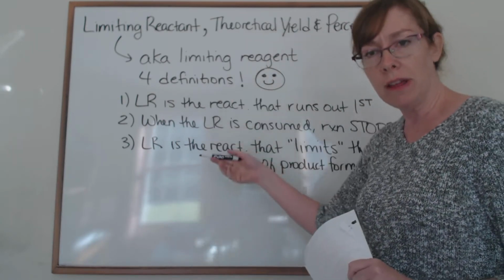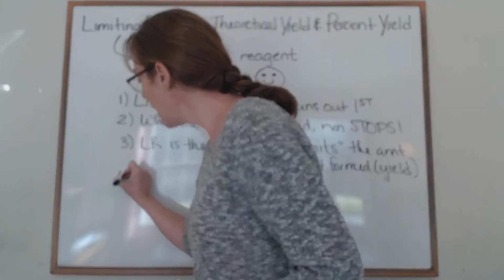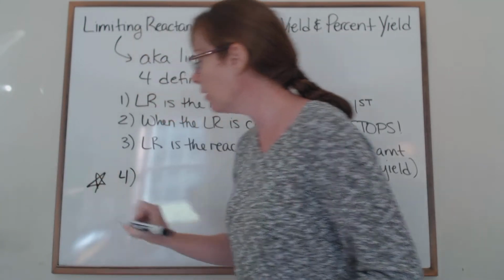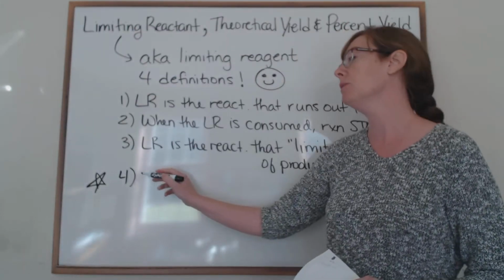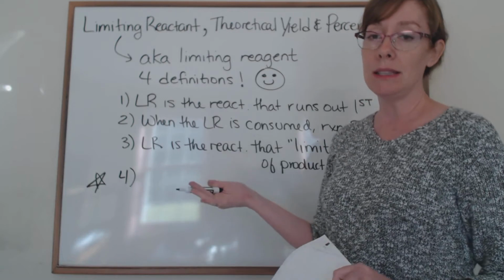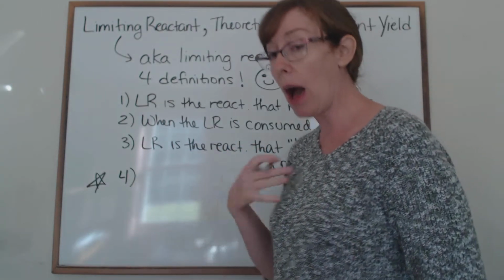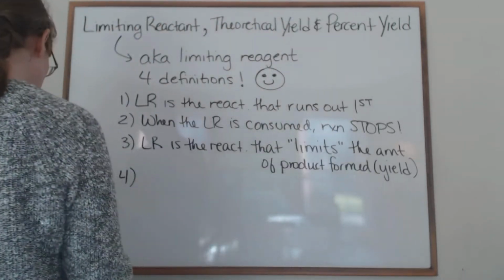So these are all kind of redundant definitions, but they all kind of are good ways of thinking about it. The last one I want you to consider almost like your favorite definition, because the last one is the one that's going to help you solve these problems at least the same way that I do them, because it's kind of how I approach solving limiting reactant problems.